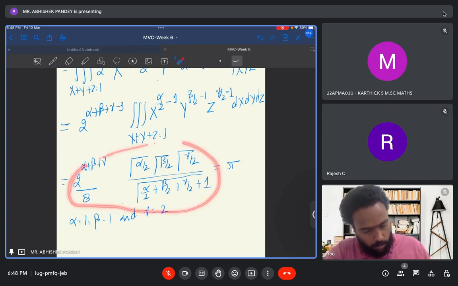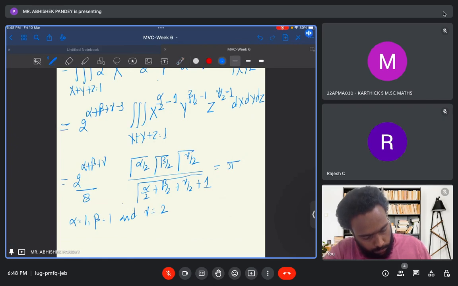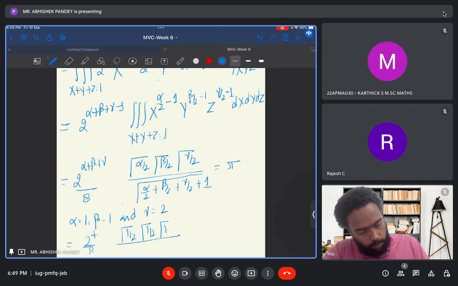So this will become 2 to the power 4 by 8, and this will become 1 by 2, 1 by 2, and 1 upon, this will be 1 by 2 plus 1 by 2 plus 2, so this will be gamma of 3. Okay, so this will be 2 into pi upon 2, so this will be pi.